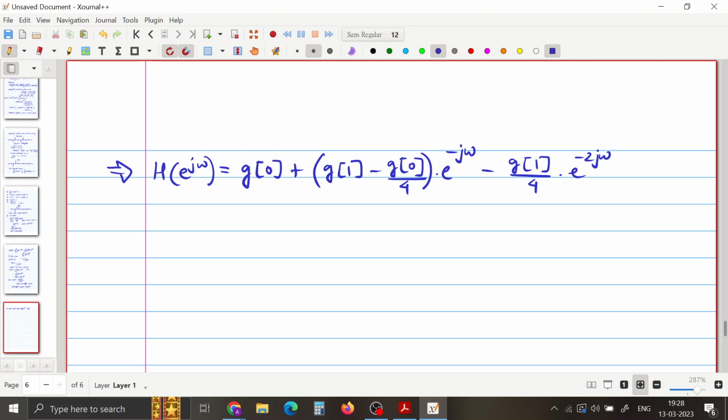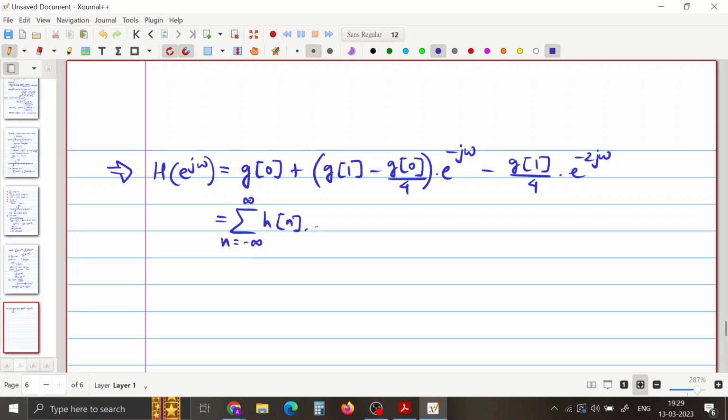So this is capital H of e power j omega, and we know that this has some form like this.